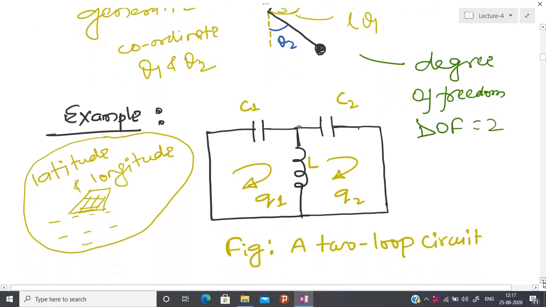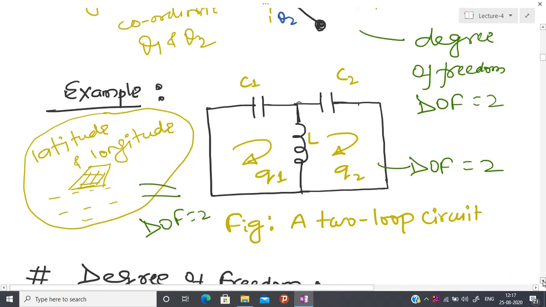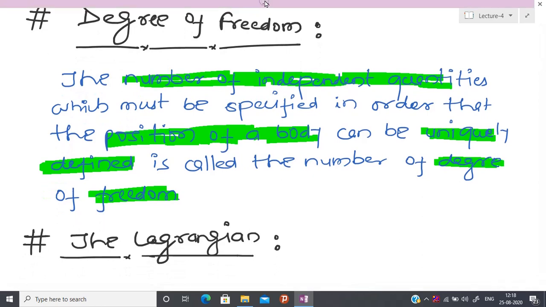Similarly, in this example I have two independent charges, Q1 and Q2, required to characterize this circuit, so again the degree of freedom is 2. Similarly, for this underwater vehicle moving on the surface of the ocean, the degree of freedom is again 2. And I will construct one example where the degree of freedom is 1.